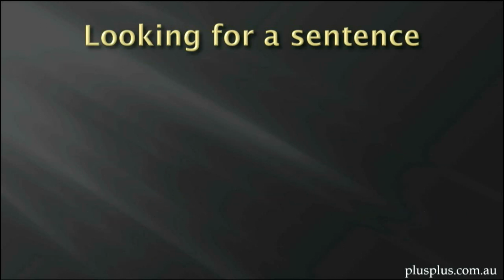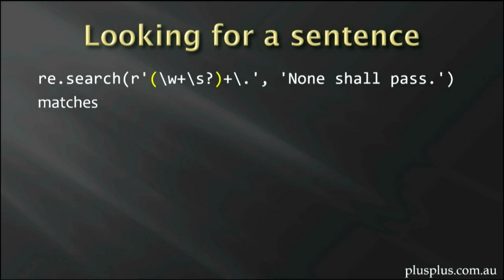I didn't benchmark that. Here's an example of something that I'll be using for the subsequent exercises, which is I'm looking for a sentence. And I've defined a sentence as word characters, followed by a space, maybe white space, maybe one or more words, and an actual, real dot at the end.